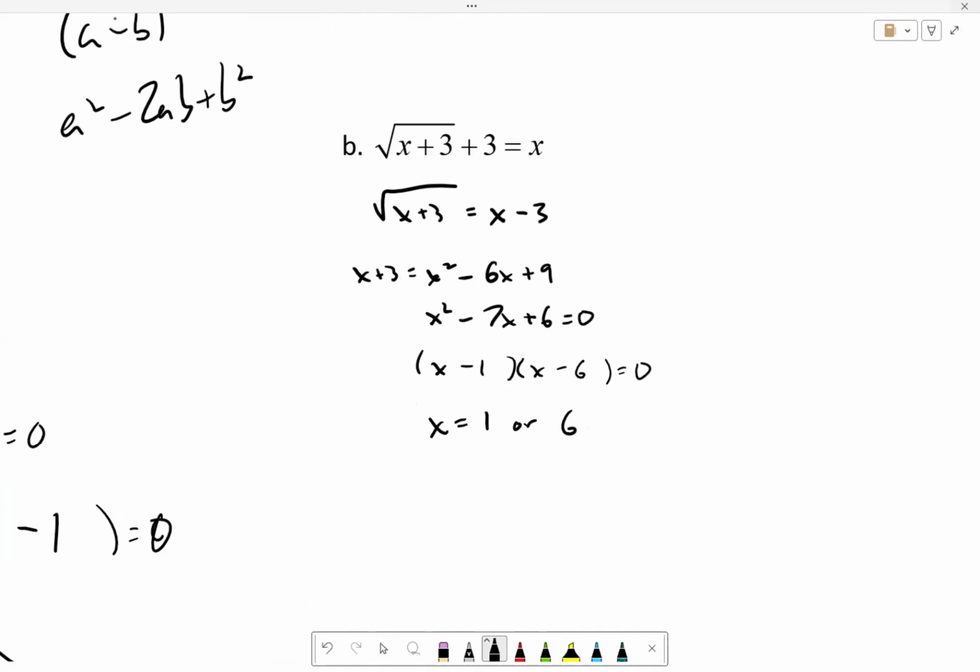I have to check it. Let's check. Which one should we check first? Okay, x equals 1. So that leaves us with the square root of 4 plus 3. Does that equal 1? Negatory. Nope. Let's check x equals 6. Does it work? It's the square root of 9 plus 3.